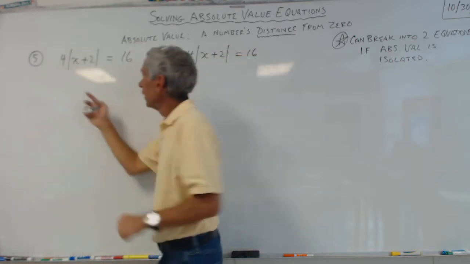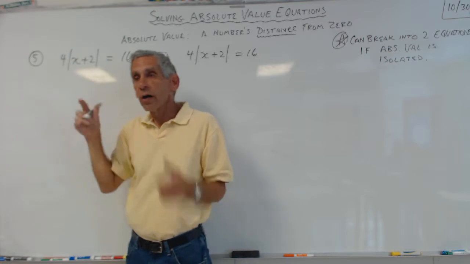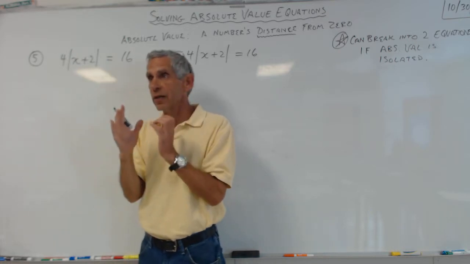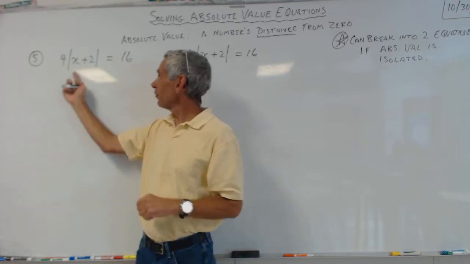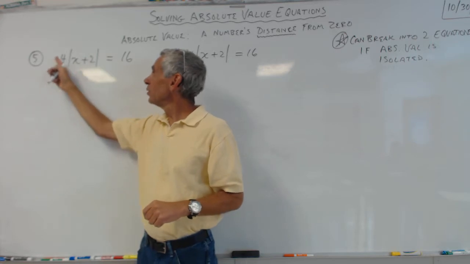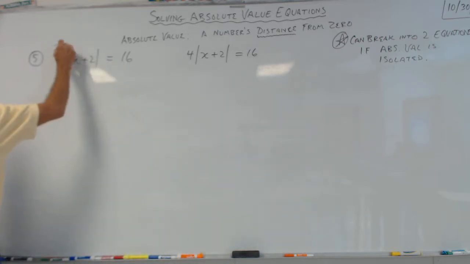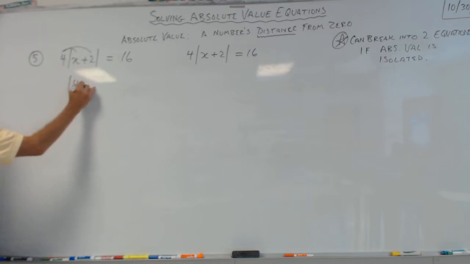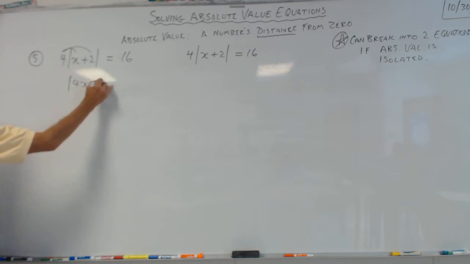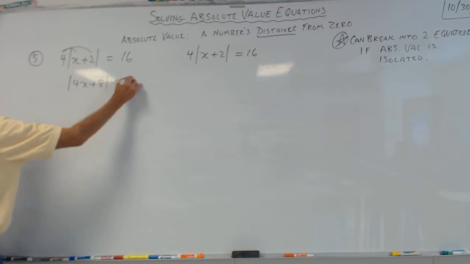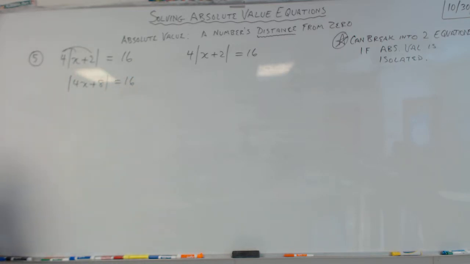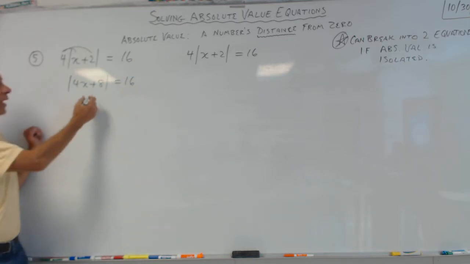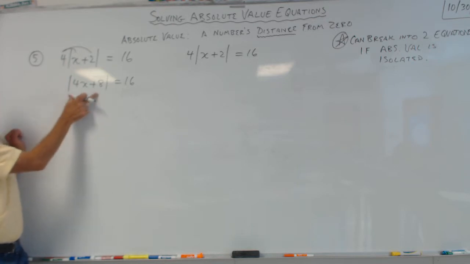Absolute value is a grouping type of sign, like parentheses. Therefore, it's totally legal to use your distributive property, right? So that would give you the absolute value of 4x plus 8 is equal to 16, right? Yes, exactly. And so now, is this isolated? Yeah.